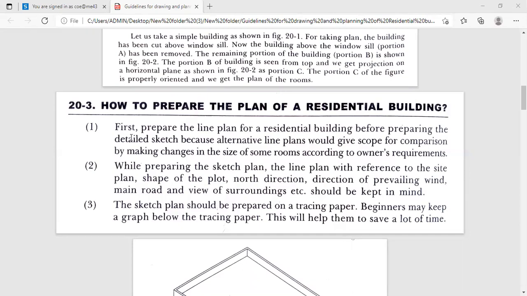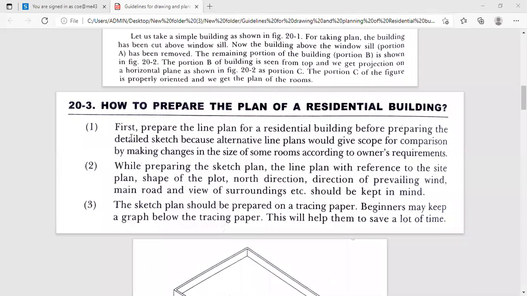Suppose we have to allocate various units, or whatever units we have provided, suppose we have to alter or change them, or provide some offsets and all those things, then whatever time is there will be saved.